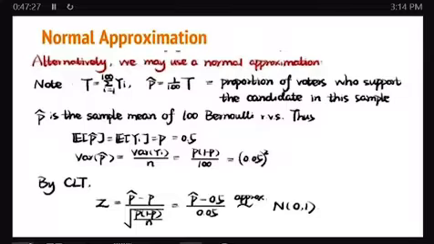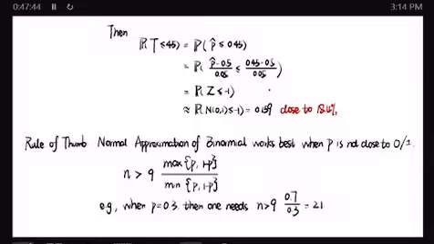But if you want to go by normal approximation to binomial, it's just going to be super easy. Expected value of p cap is p. The variance is that. I'll just compute my z. It's going to be so easy. When I compute my z, the final result for the normal approximation is 0.159.